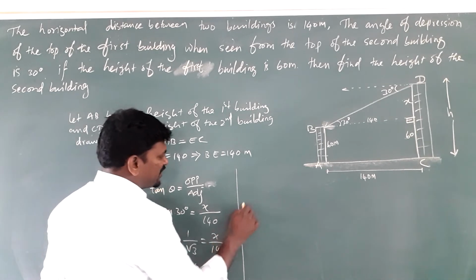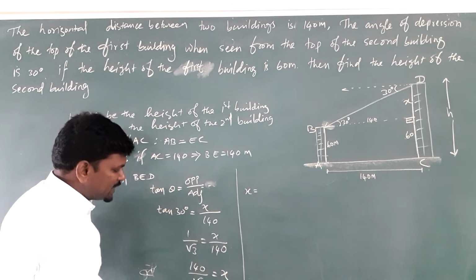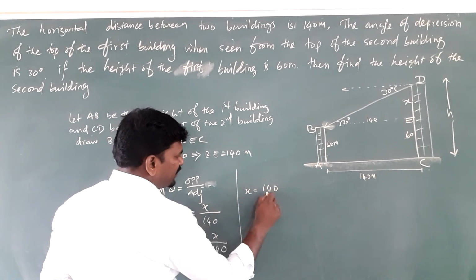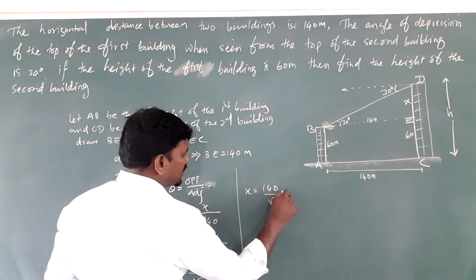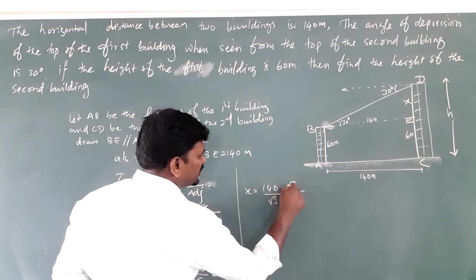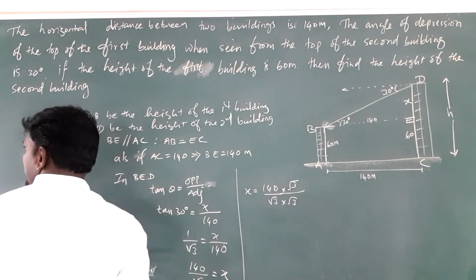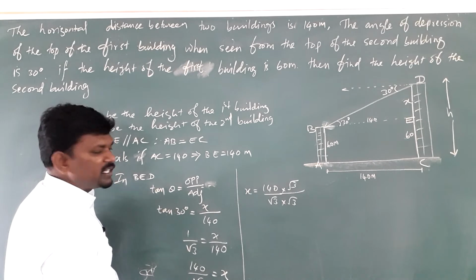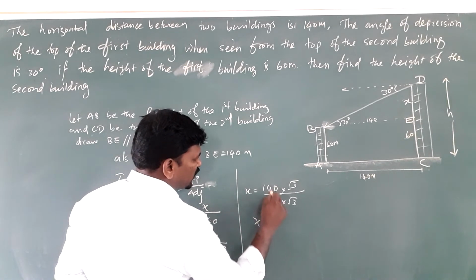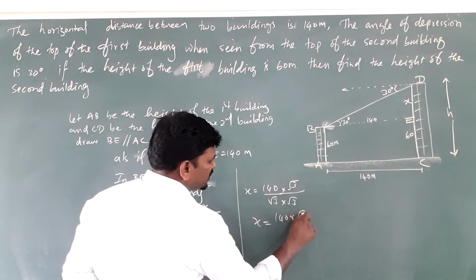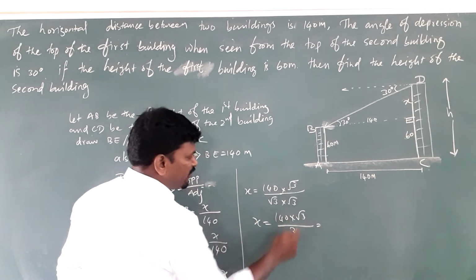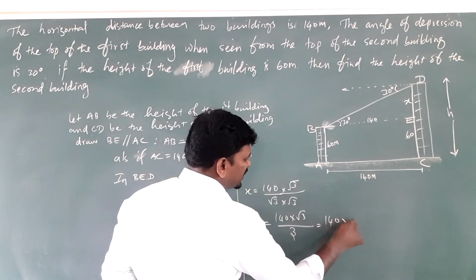So we are going to make a small adjustment. That is, 140 by root 3 can be written with root 3 into root 3 in the denominator. So we are multiplying and dividing by root 3. So x is equal to 140 into root 3 by root 3 into root 3, which is 3. Okay. 140 into root 3.